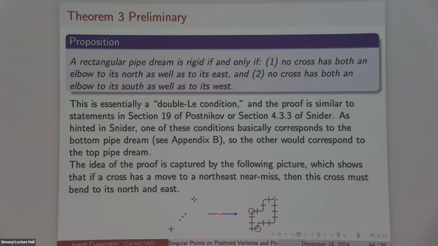So the leg condition, if you're familiar with Alexander Postnikov's work on Positroid varieties, the leg condition for these leg diagrams was the southwest version. So no cross can have an elbow both to its west and to its south. So every pipe dream corresponding to a leg diagram that he gave would be kind of this northeast pipe dream.